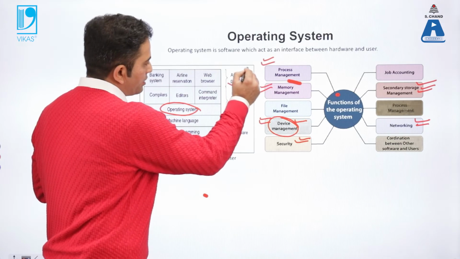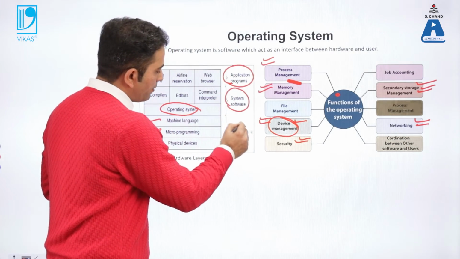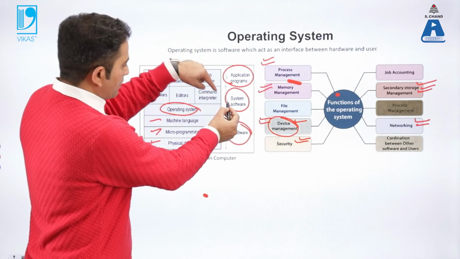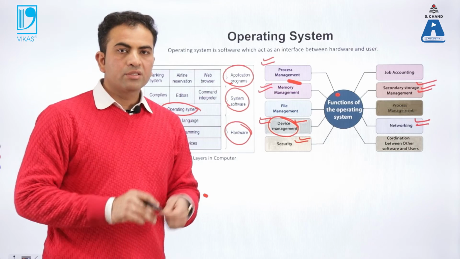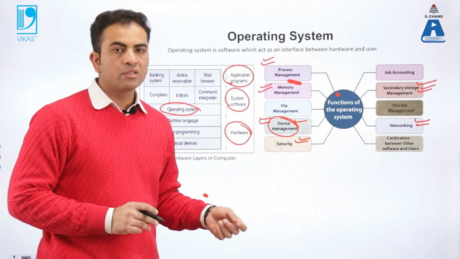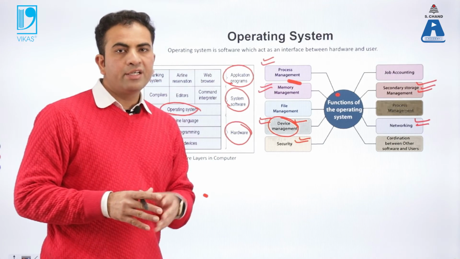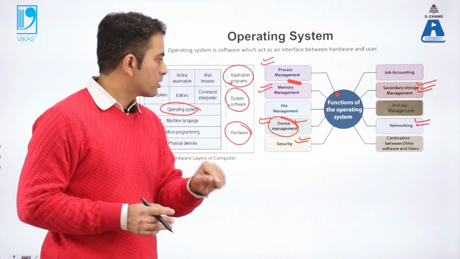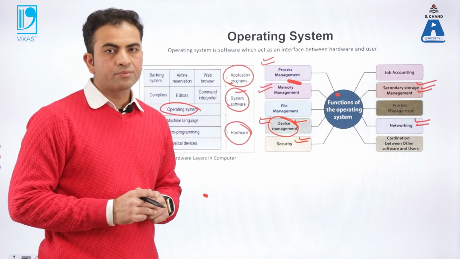One thing here: it is written application program, system software, and then hardware. System software is what? Drivers. Drivers are directly associated with our hardware. Without drivers, no hardware can perform. For your printer to work efficiently, you need to install the system software, the driver of that particular printer.